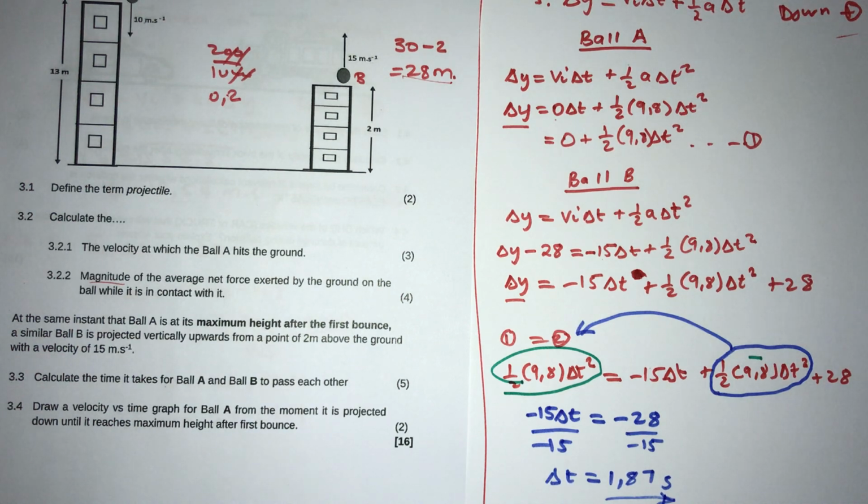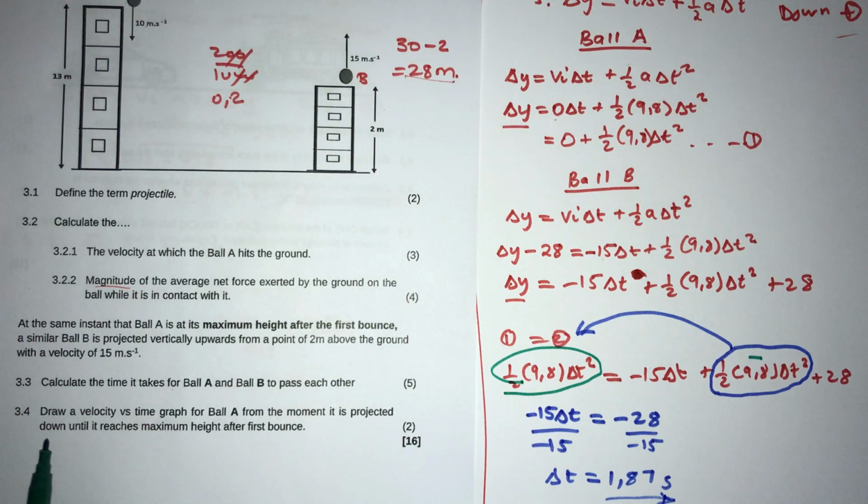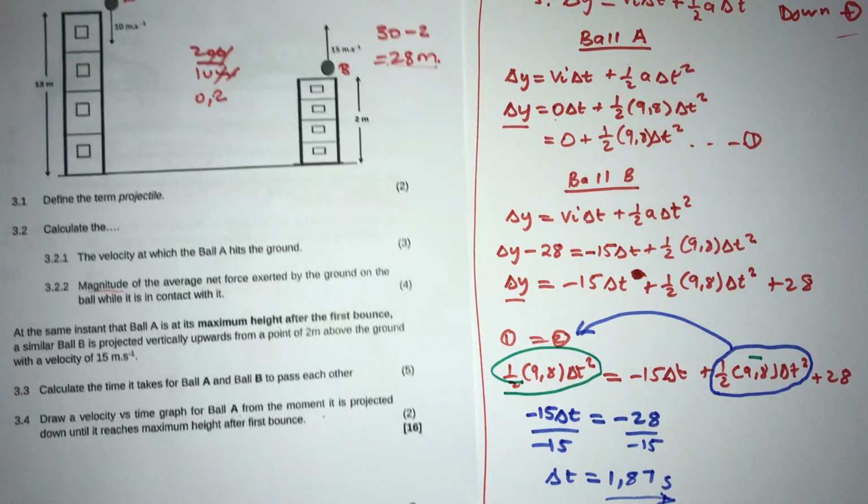So now let's check the last question. The last question said draw a velocity time graph for ball A from the moment it is projected down until it reaches the maximum height after the first bounce. So we can open a new page.